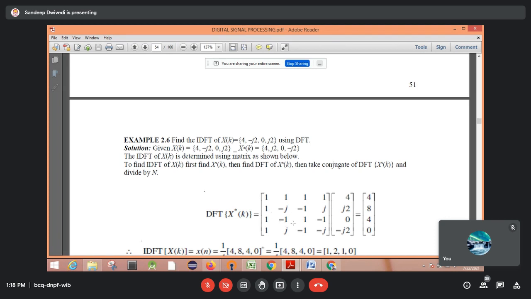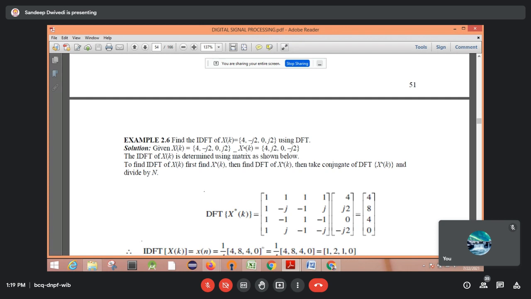Just change the sign of j to get the complex conjugate. Then you can multiply with the input sequence, and you will get your output. So this is all about the 4-point DFT, how you can calculate it.